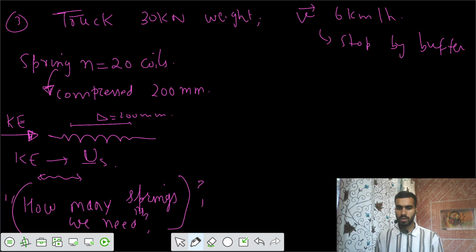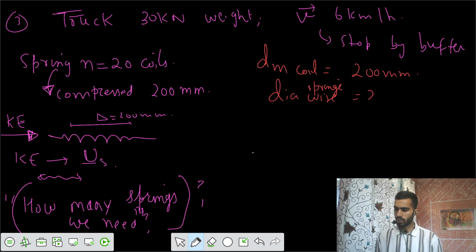So we got this problem, and other data that's provided to you: the mean coil diameter is equal to 200 millimeter, and the diameter of the spring wire itself is equal to 20 millimeter. Value of G equals 100 gigapascal.